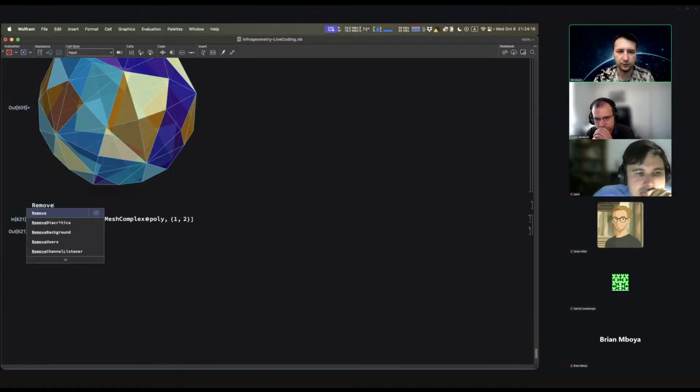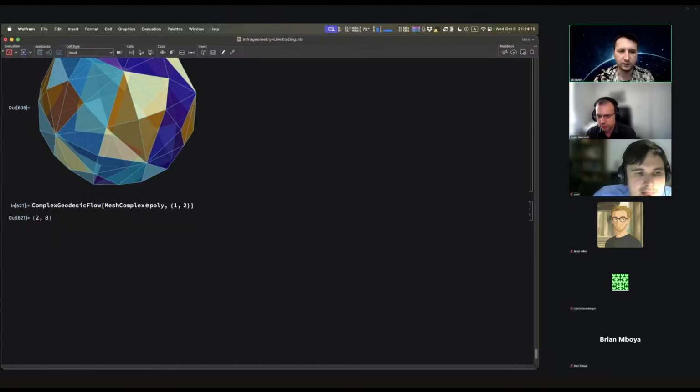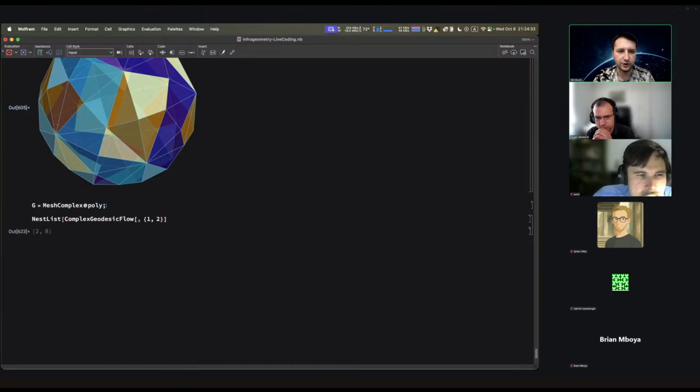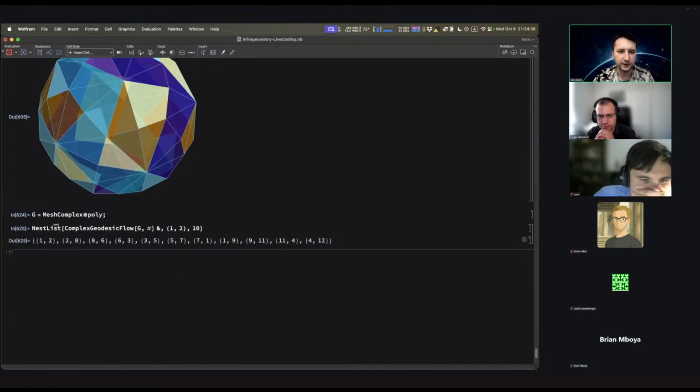Is it kind of boring? Now you need to iterate it, right? Okay, let's do nest list. This is our G. So this is like, and let's highlight it on the highlight mesh or poly simplex.